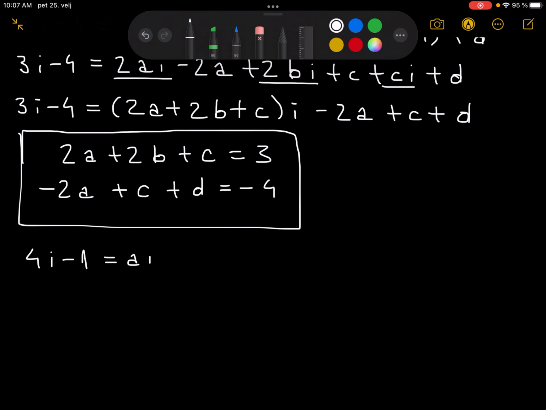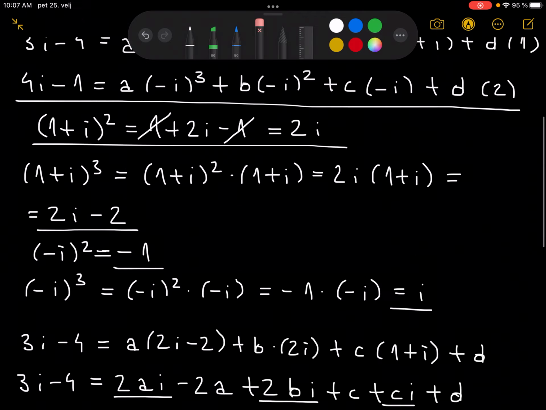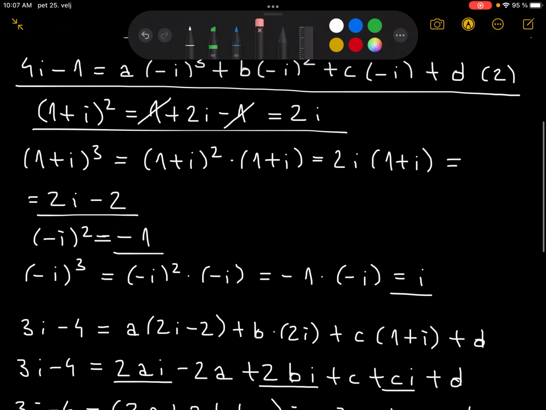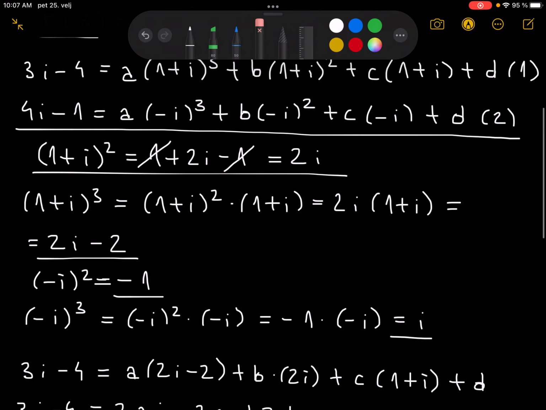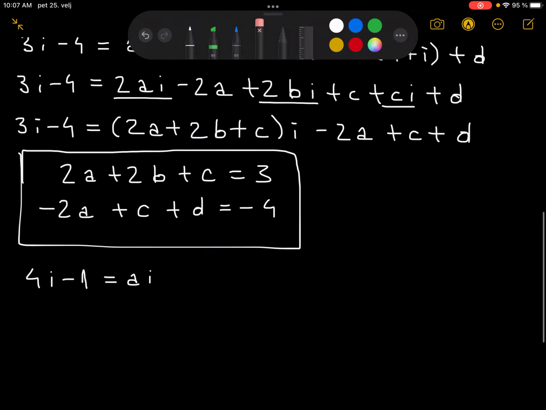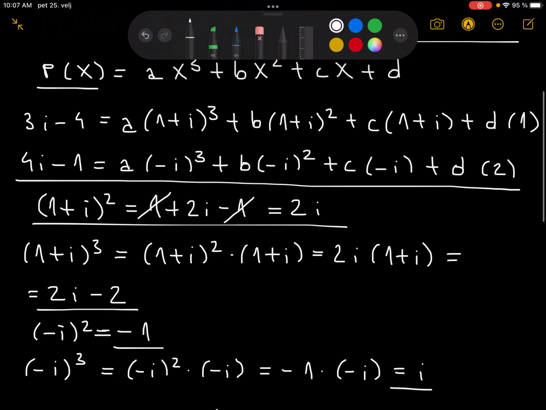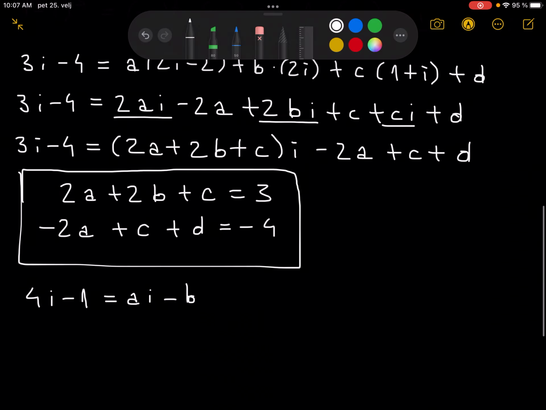So that will give us ai, and what are we going to have next? Plus b times negative i squared, which is just going to be negative b, minus ci plus d.